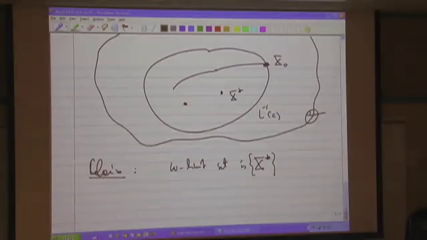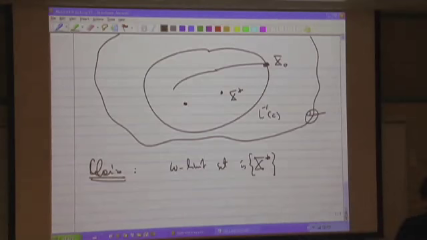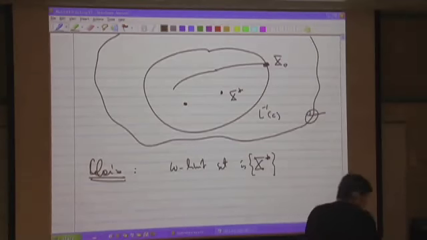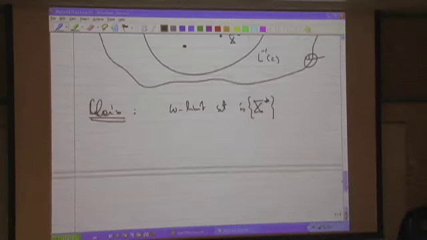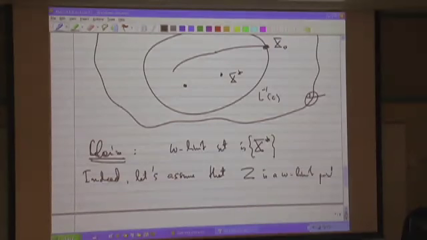But this is what we're trying to prove, that it can only go towards that equilibrium, right? So how do we prove that? Well, we prove that by contradiction. So indeed, let's assume that z is an omega limit point for this trajectory, and z is not that only equilibrium in that region.